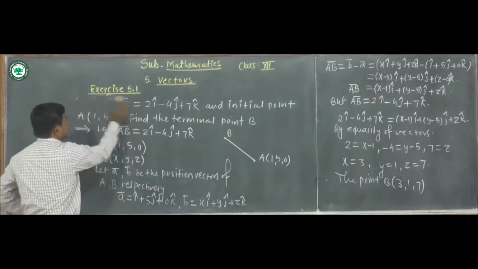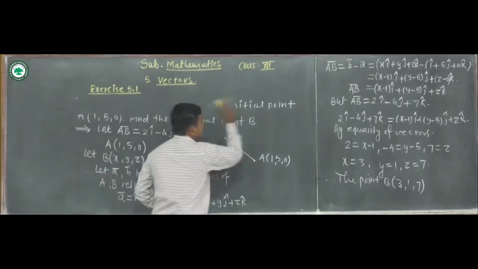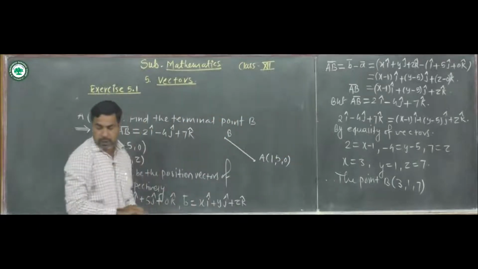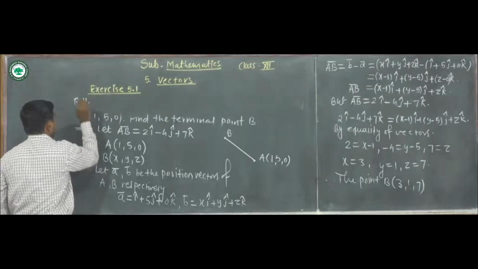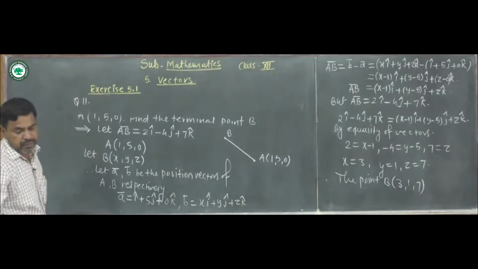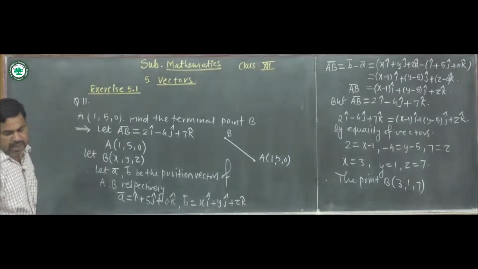Now we see the next question. Question 11 from exercise 5.1. Show that the following points are collinear.